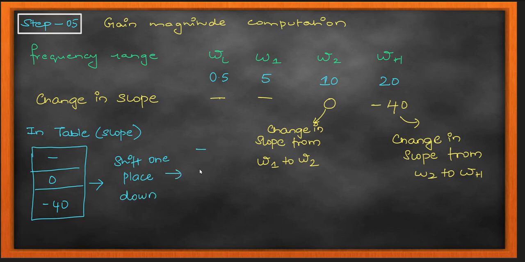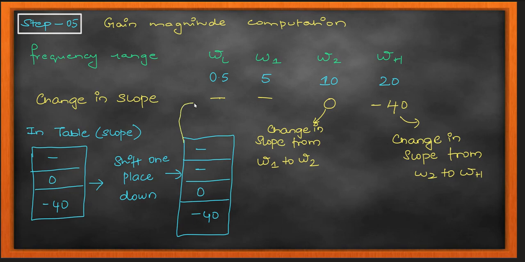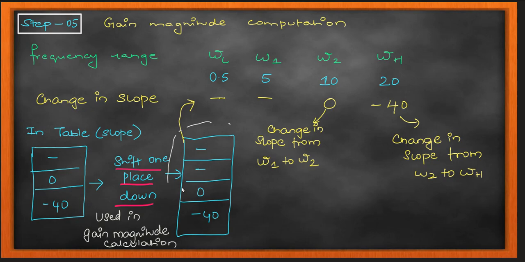But in this case, I'm shifting it one place down, so I get dash, dash, 0, minus 40, and then I'm using it. Understood? You have to be very careful when you write this, because the mapping of these corner frequencies to these slopes is very important for measuring the gain magnitude. If you do this mapping wrong, all the gain values you get will not be proper, and then your Bode plot will also not be correct.